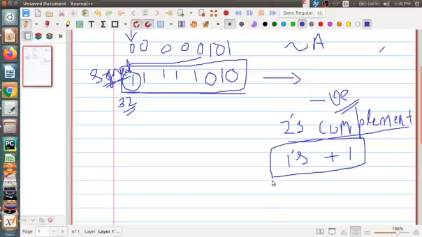What is 1's complement? 1's complement is nothing but the inversion of all the bits. Simply convert all the bits, inverting every bit. Okay, let us try this with this one.